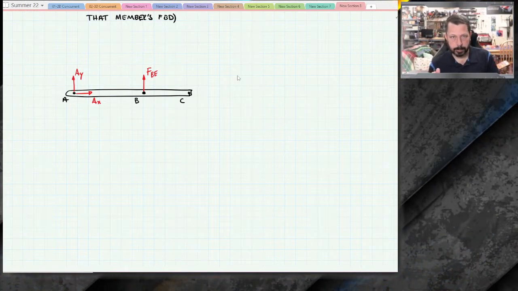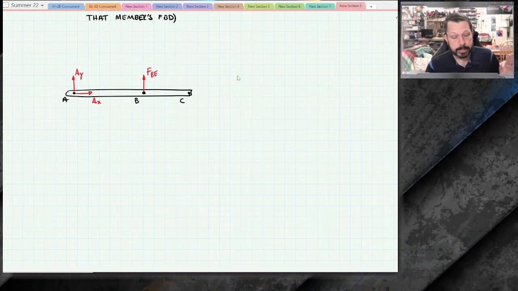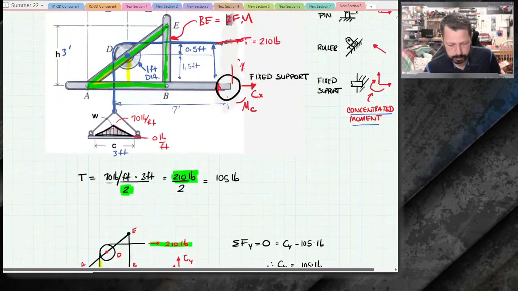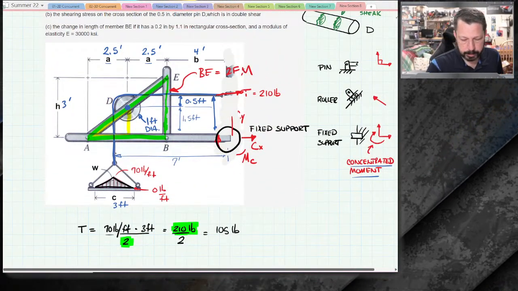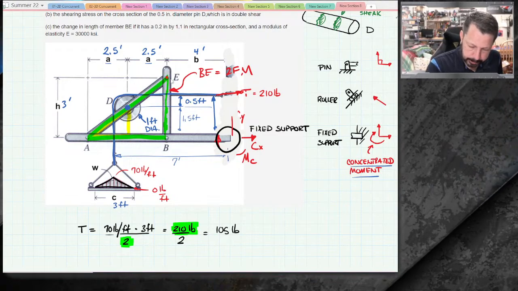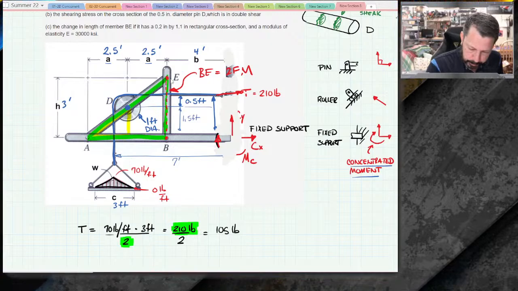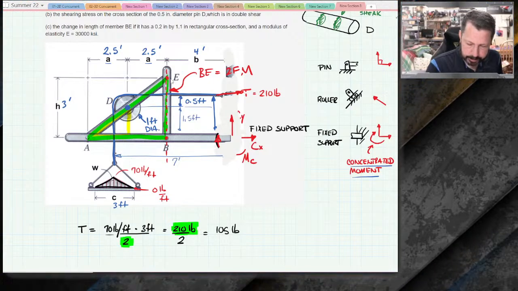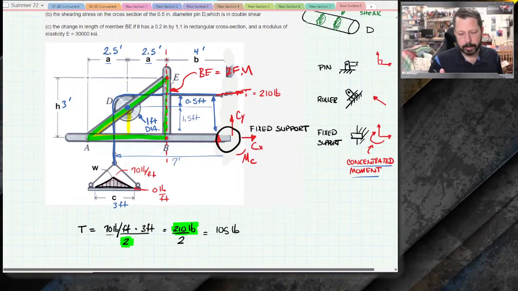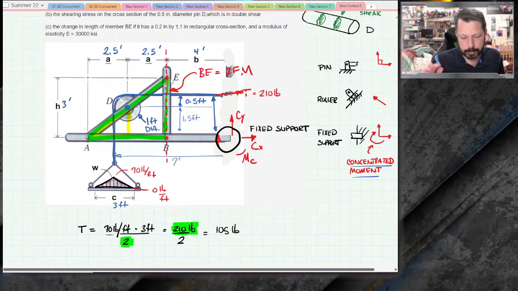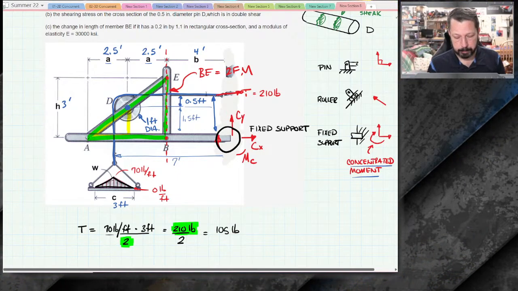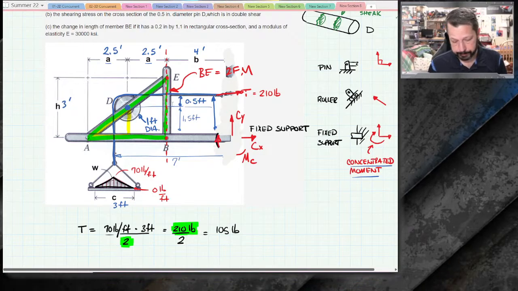I don't know if it's up or down, but I know it's in this line of action. So member BE is a 2-force member, so if I connect the dots between E and B, that's the line of action for the 2-force member. So I don't know if it's pointing upwards or downwards, so I have to pick one. But I do know it's on that line.